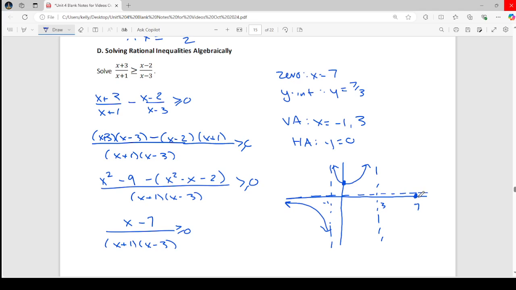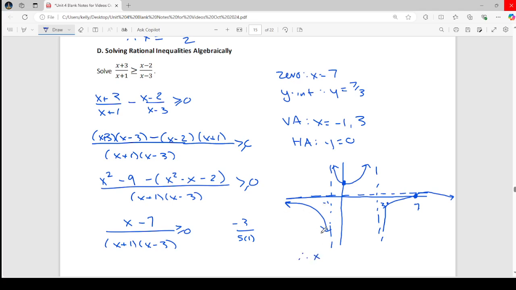And here, at 4, that makes negative 3 over 5 times 1. So this is a negative number here. So I think what happens is I go through that 0, but then I come down towards the horizontal asymptote. You know what, I'm regretting, I think a table would have been easier.